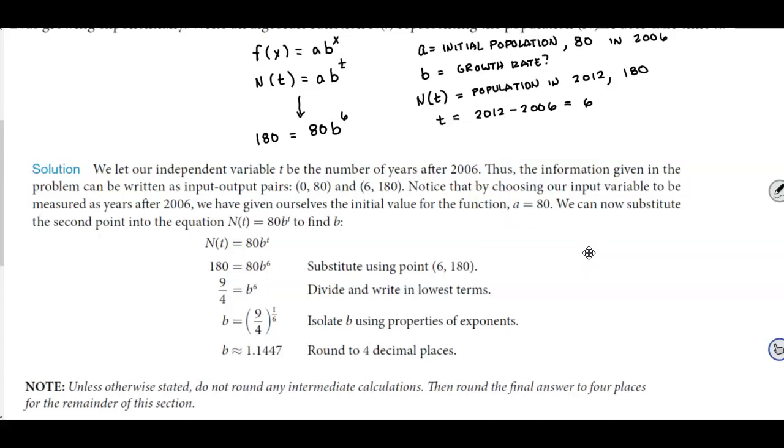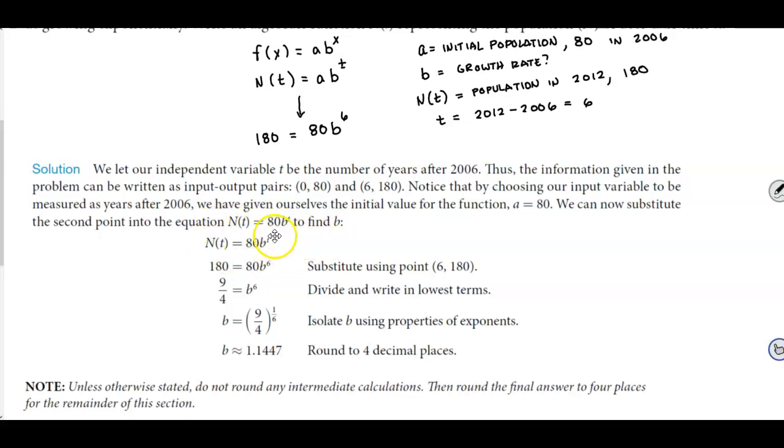At time 0, the output was 80. In year 6, the output was 180 deer. Now notice that by choosing our input variable to be measured as years after 2006, we have given ourselves the initial value for the function: a is equal to 80. We can now substitute the second point into the equation n of t equals 80 b to the t to find b.